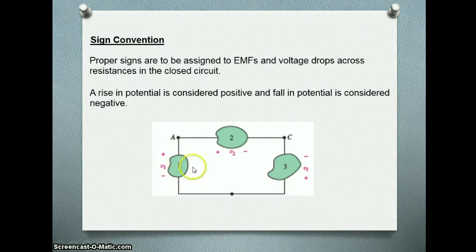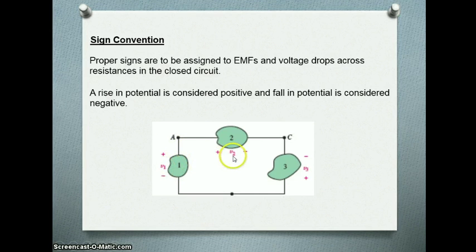The method says that as you move ahead, if you find that there is a rise in the potential, that voltage is positive. Here in the first element you can see that it increases from negative to positive. It's an increase, it's a rise. So the voltage of this first source is plus V1.